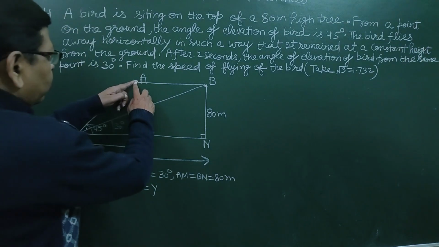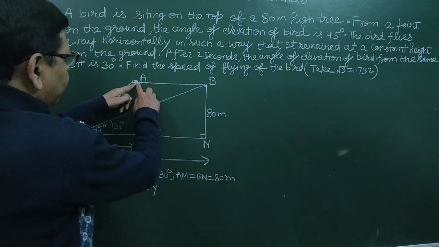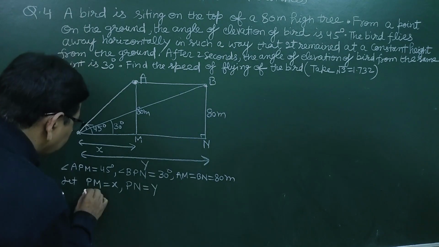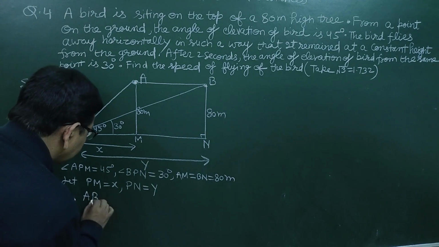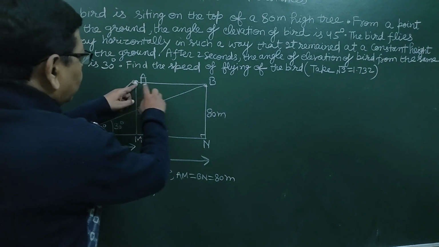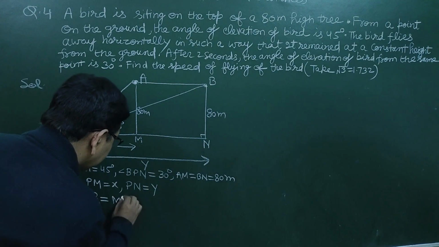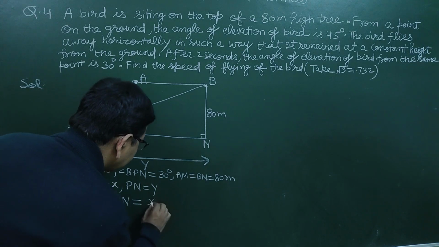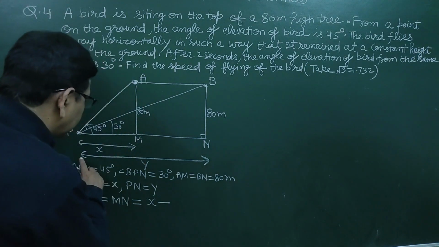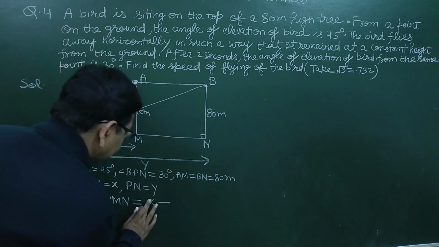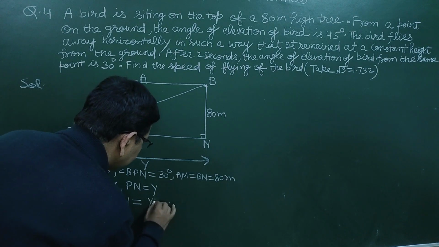We want to calculate the distance traveled by the bird from A to B, means we want to calculate AB. So AB is equal to MN, and this is equal to y minus x.